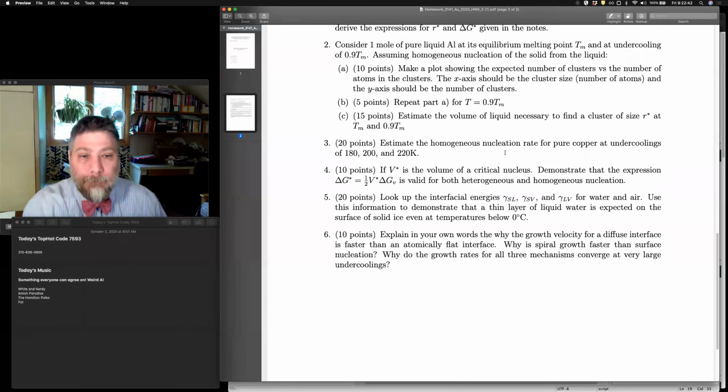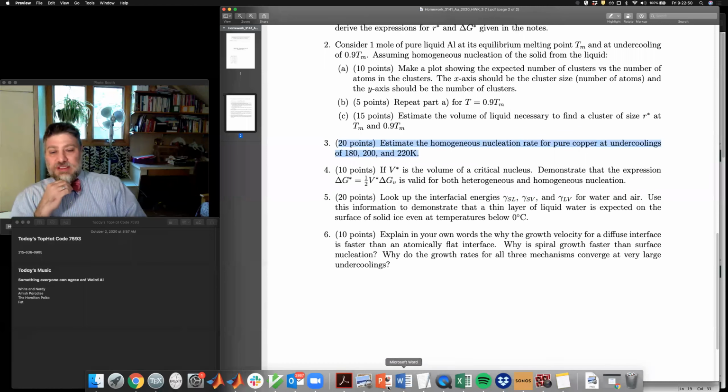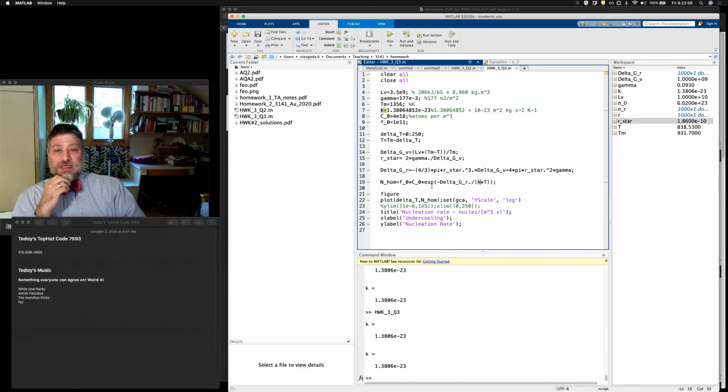Okay, so I said estimate the homogeneous nucleation rate for pure copper at a couple of different undercoolings. Since I already had it typed up, essentially I could just cut and paste the previous one and put in the parameters for copper.